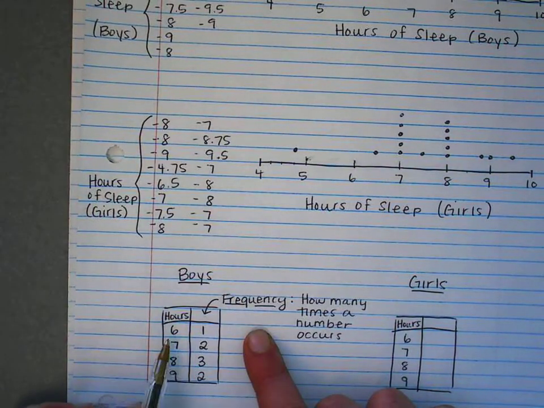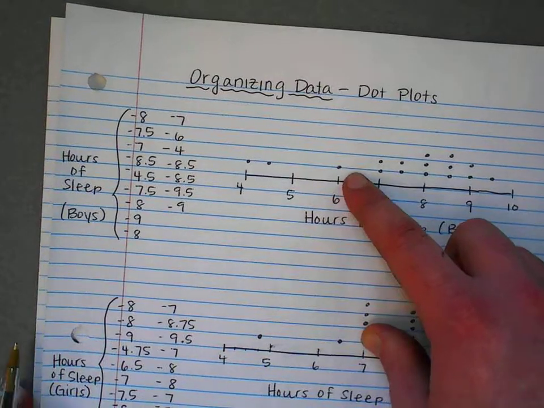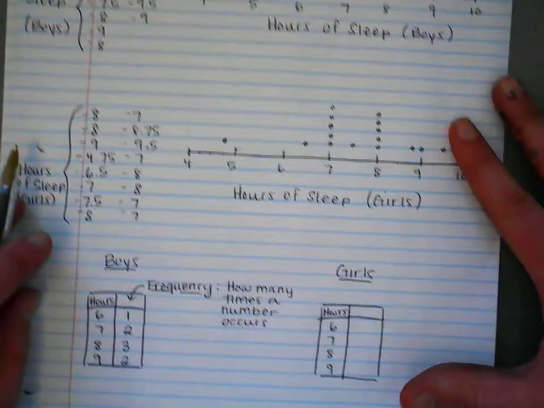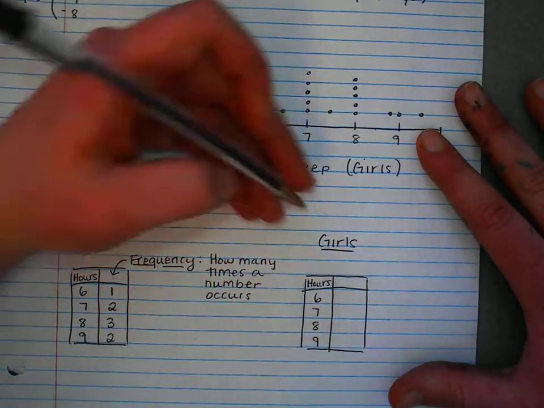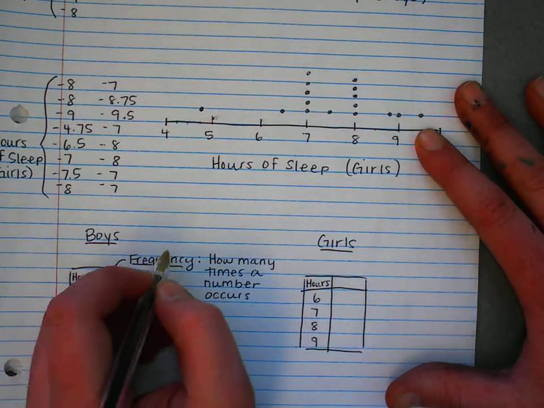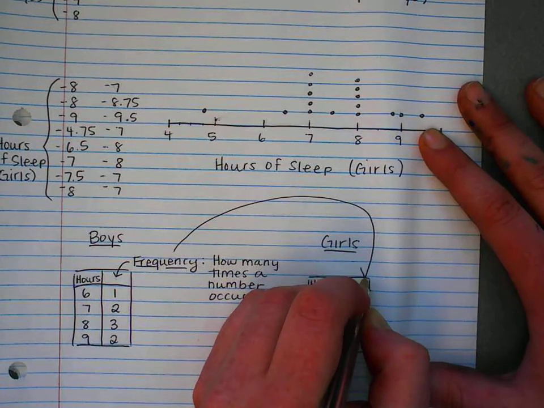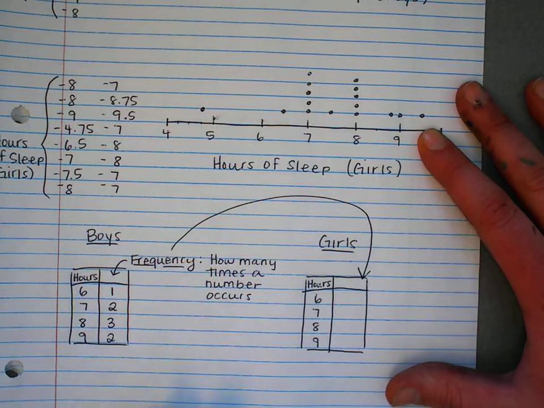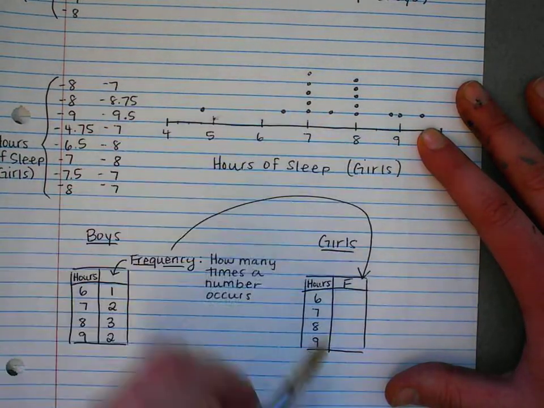So how many times did 6 occur in the chart? It only occurred once. Frequency is going to go on the girls' chart as well, so I'll draw an arrow, because frequency is for the girls' chart too. I'll just put a little F for frequency.